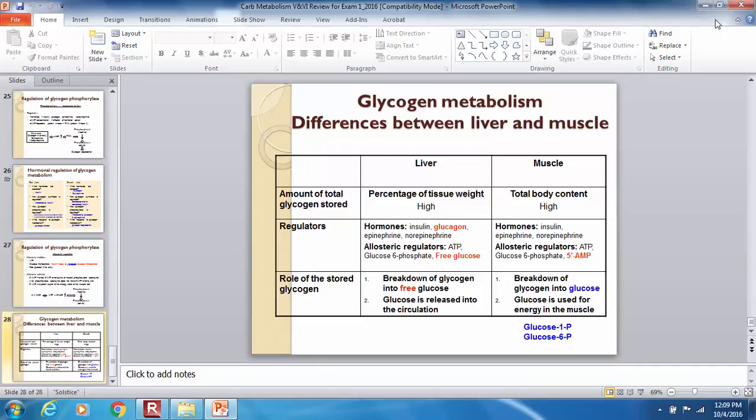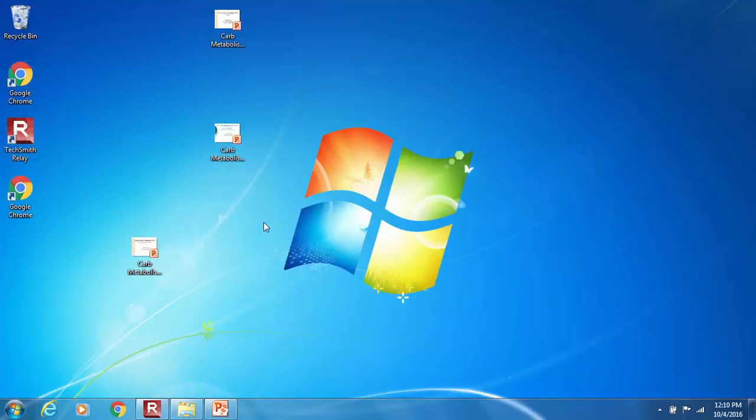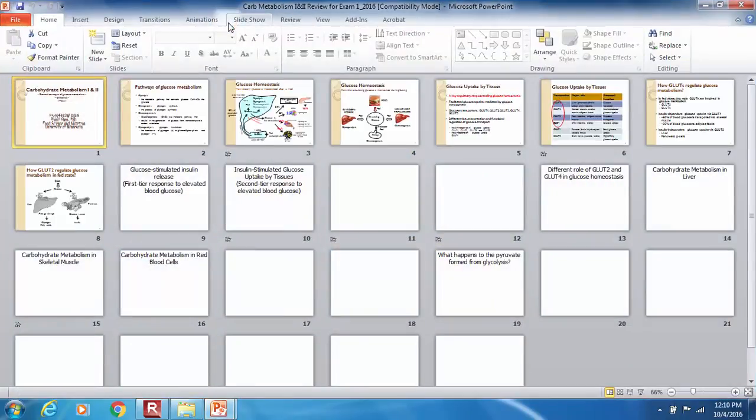TCA cycle, let me go back to the TCA cycle. So one ATP is produced at the substrate-level phosphorylation, right? And the rest of the ATP should be from NADH and FADH2.